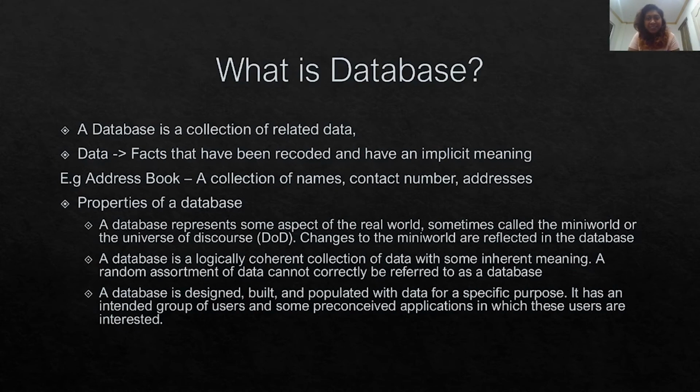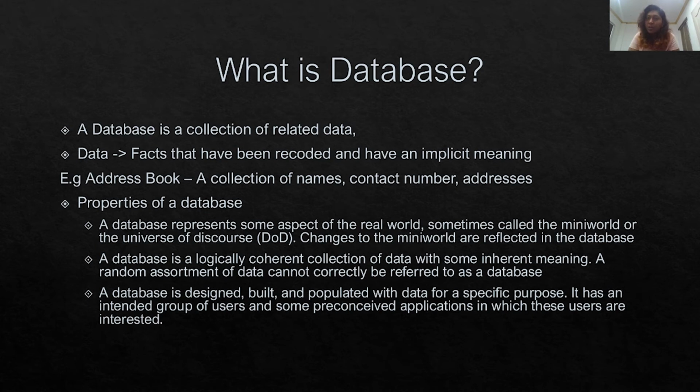What is a database? A database is a collection of related data. Then what is data? Data are generally defined as facts that are recorded from the real world and they have an implicit meaning to it. For example, an address book is data.